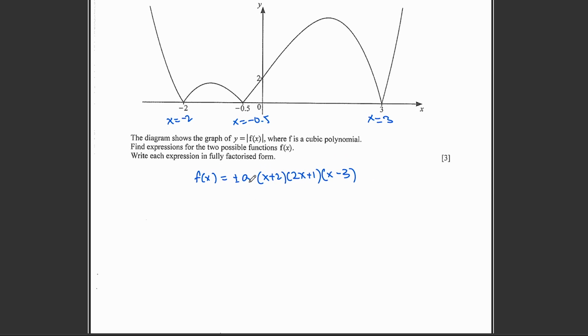Now we want to find this constant a. To find the constant a, we need a known point on the graph. We know this point is the y-intercept, so the x coordinate is 0 and the y coordinate is 2. So I can write f(0) equals 2, then equate it to the unknown function that we have.